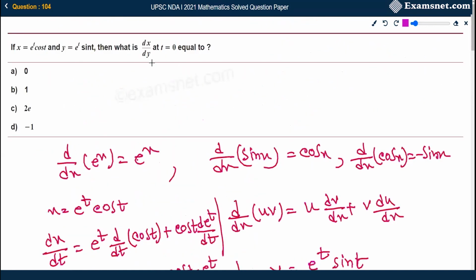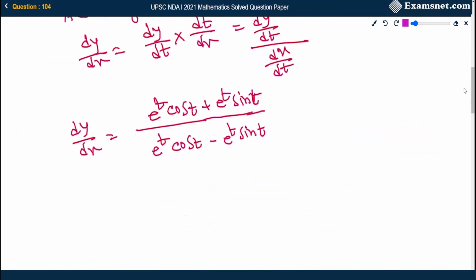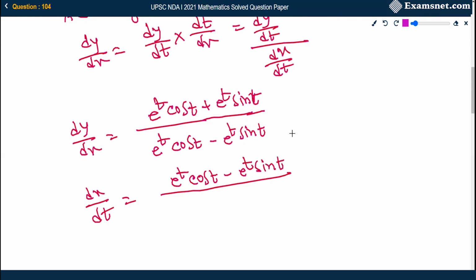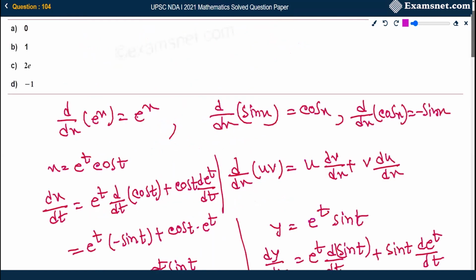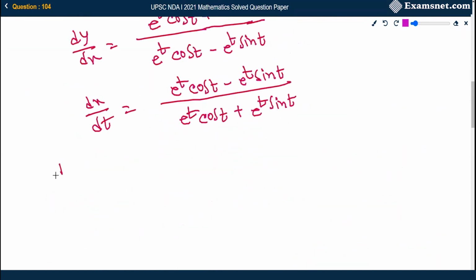Okay, since they have asked us to find dx by dy, never mind, I can find the reciprocal of this. So dx by dy, just write the reciprocal: e to the power t cos t minus e to the power t sin t by e to the power t cos t plus e to the power t sin t. So we are asked to find the value at the point t equals 0.